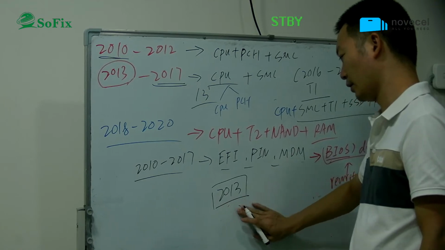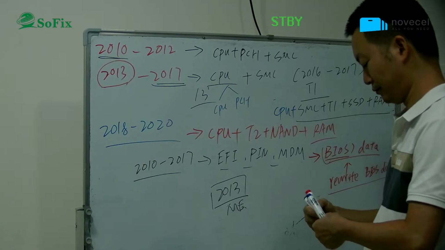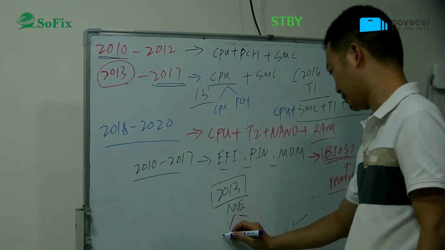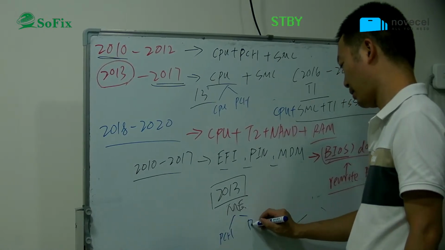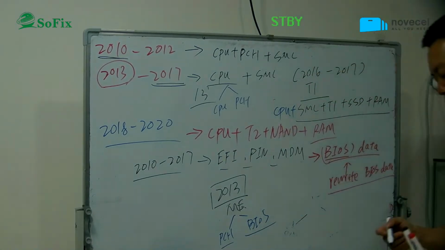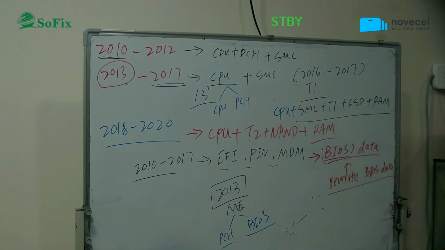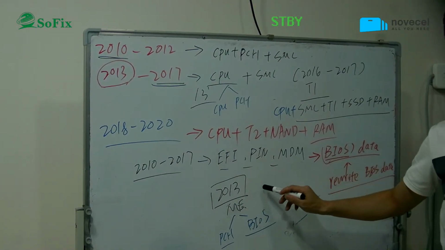You have the ME from this year. One part is in the PCH, the other part is in the BIOS. So if you want to read the BIOS data, you must change the ME. Remember, from 2013, this year.